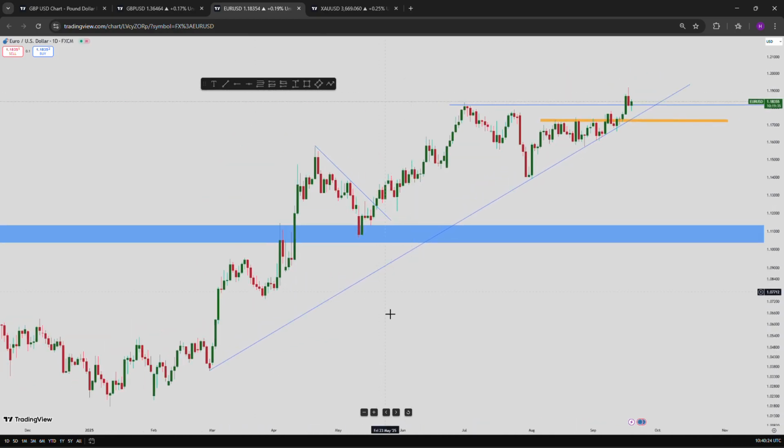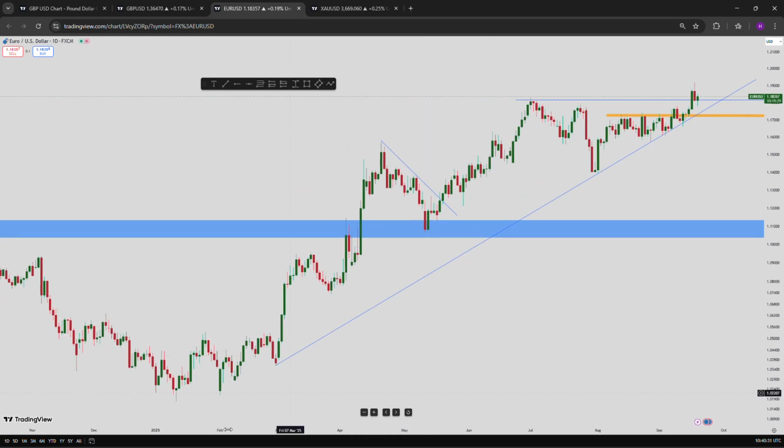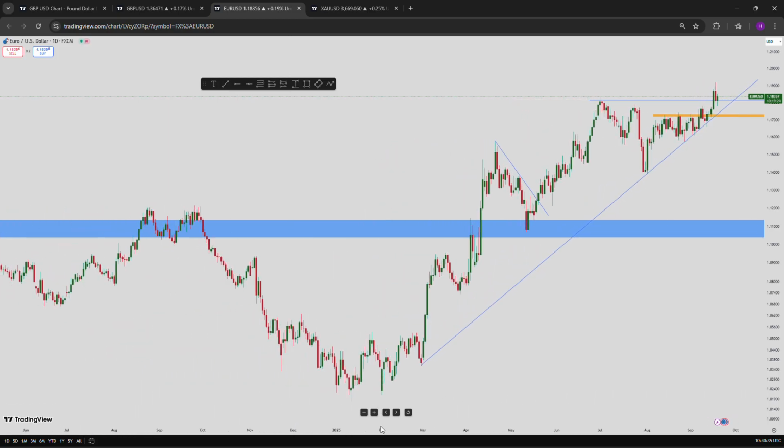So let me pick another trend, so we get familiar with the price action thing. Currently the market is in an uptrend, but before it was in an uptrend, it was in a downtrend. So now let's capture this movement with a trend line so we know exactly what is going on.